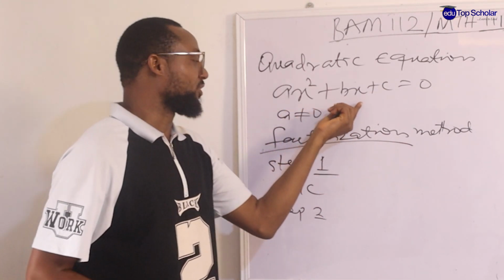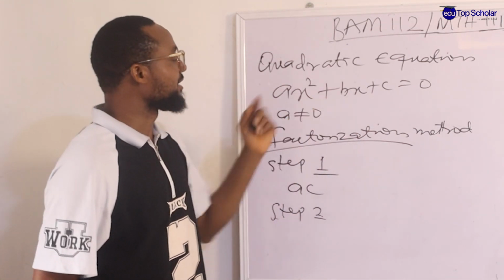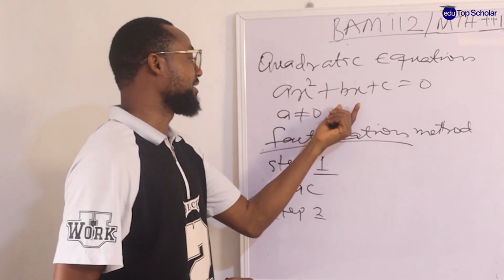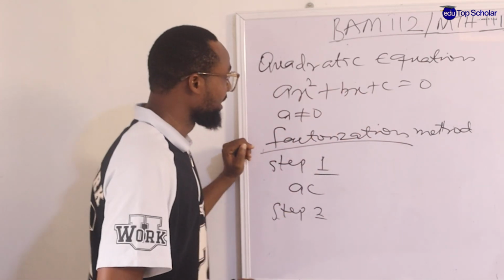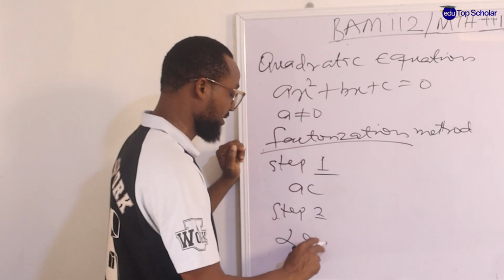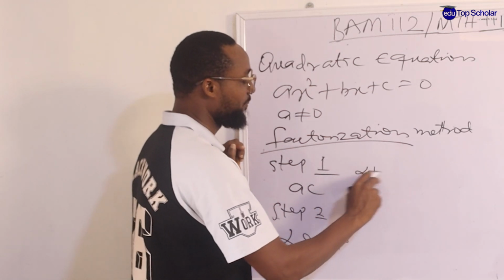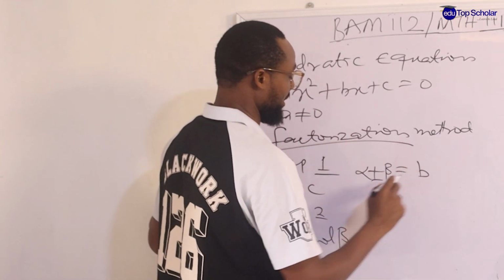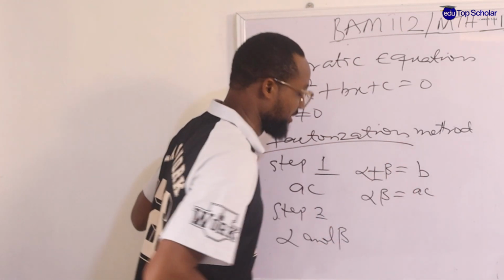we get two factors of B, such that their sum will give us B, and their product will give us AC. Let's assume that the two factors of B are alpha and beta, and it follows that alpha plus or minus beta must give us B, and alpha beta must produce AC.